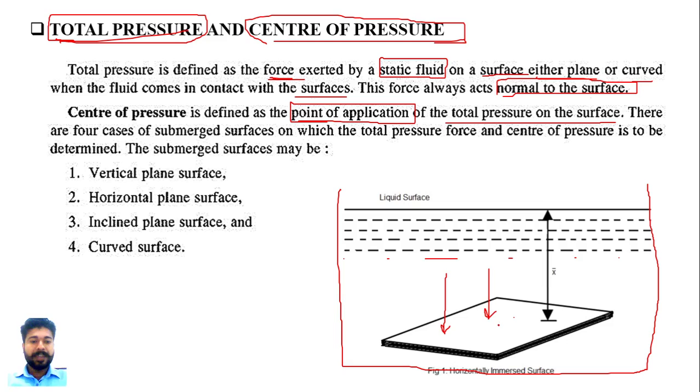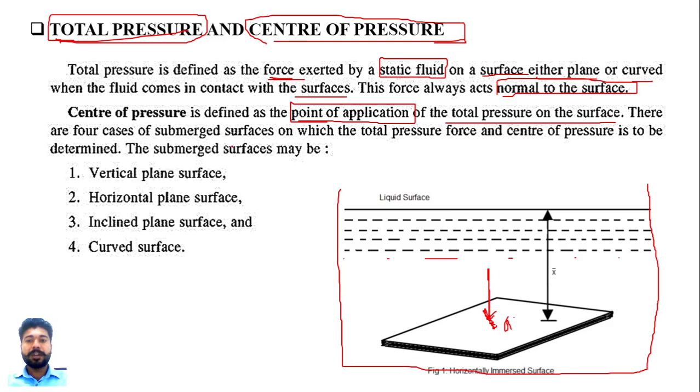So let's say in this case a total pressure is acting normal like this on this point, at a point G. What is the center of pressure? The center of pressure is the point of application of total pressure, it means the total pressure which is applied on this surface at this point G is known as the center of pressure.